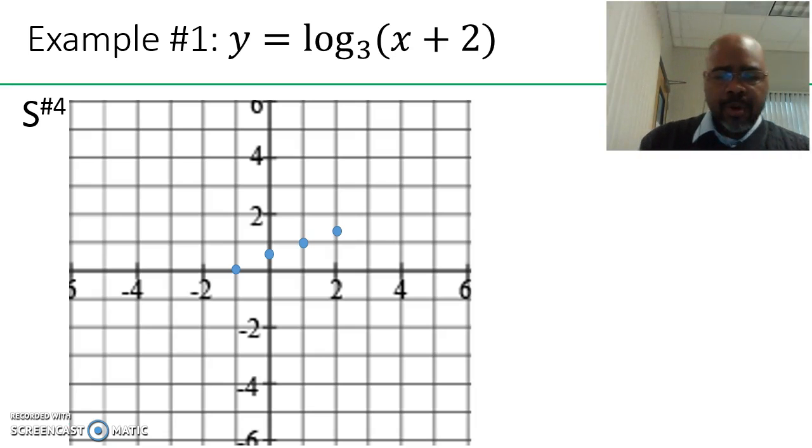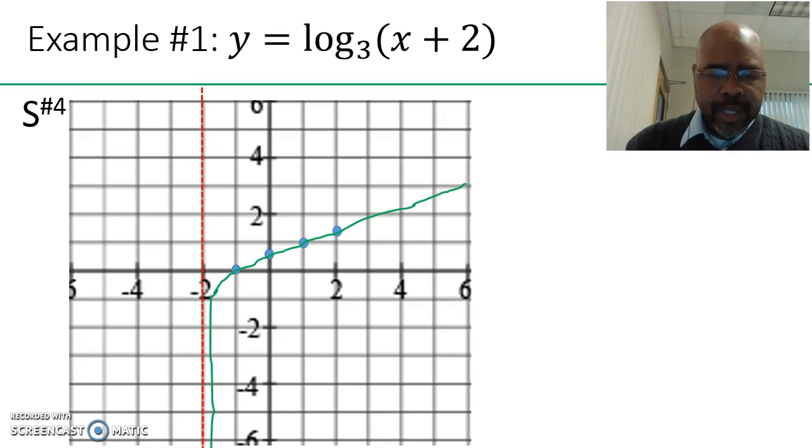So now I have my 4 points, and I really don't have a good line here, but having my asymptote right there tells me that my graph line is going to follow those points. And that's how my graph line will look, freehand sketch, of course.